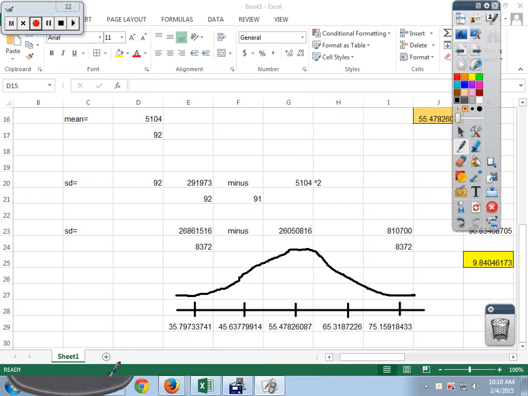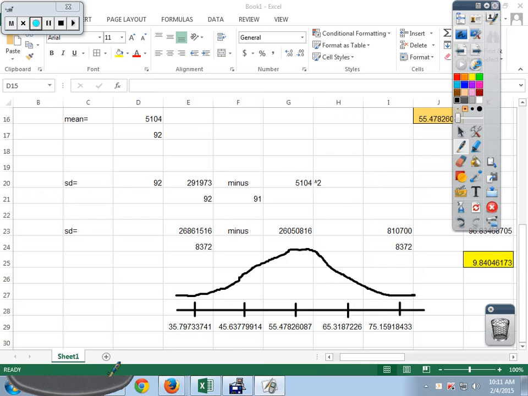I thought I saw formula bar pop up. It's doing everything it's supposed to, but your keyboard's not coming. You just got to go up here and play with these menus to see if you get the keyboard to come up. Probably have a keyboard toggle to turn it on and off.